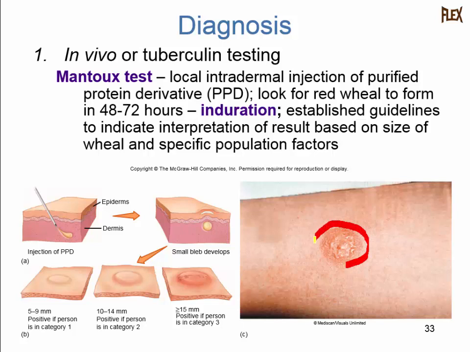And so you can see here, this is the wheal. There's a certain quantity of elevation that has to take place for this to be positive, in category 1, 2, 3. So, you still often have a small response.